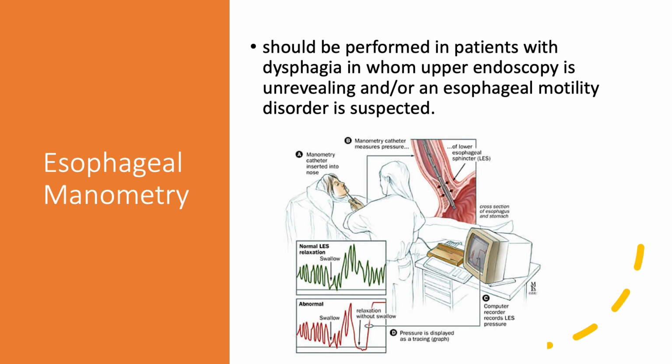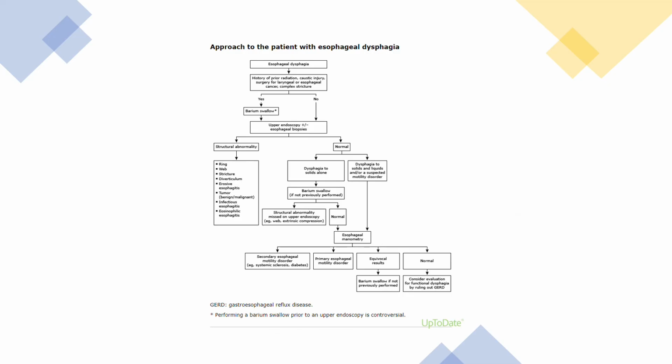Although certain motility disorders can be strongly suspected based upon their characteristic radiographic appearance when in advanced stages, confirmation with esophageal manometry is required to establish the diagnosis. In this slide is the algorithm on the approach of patients with esophageal dysphagia.